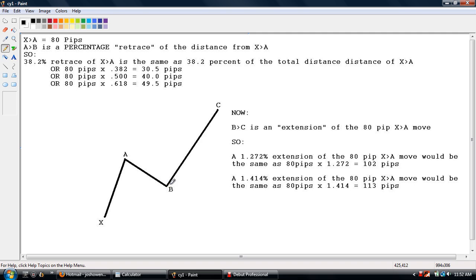A to B is the retrace, and B to C is the extension. You need to qualify those 3 steps before worrying anything about D. So we'll talk about D in the next video, and I hope this is pretty basic stuff for you. I hope you can grasp this.